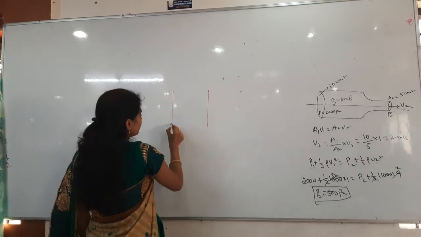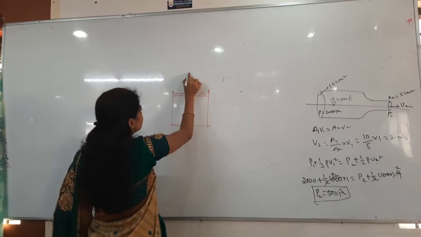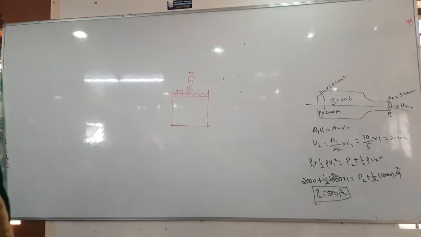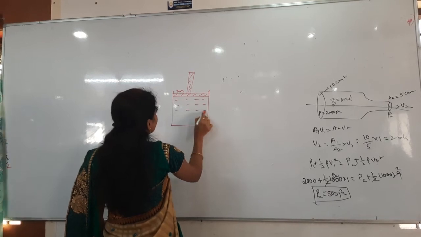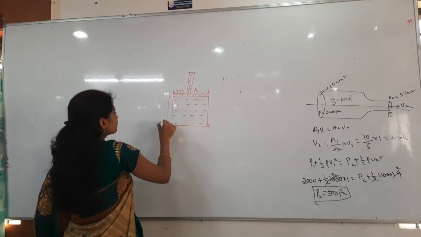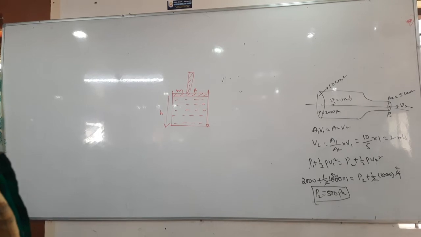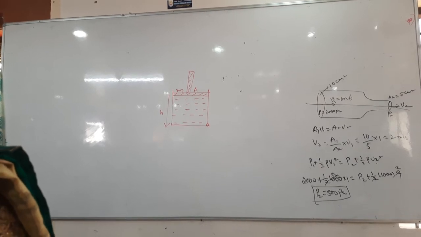Then the liquid is closed by a piston of mass m and area A. There is a small hole at the bottom of the vessel.